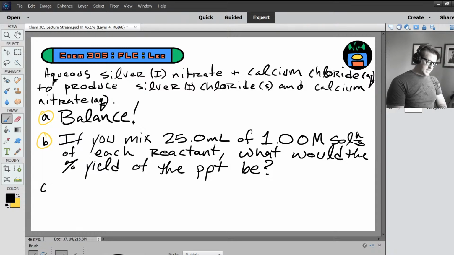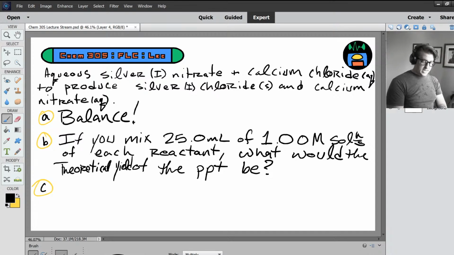Sorry, here I wrote percent yield. I meant to write theoretical yield. Theoretical yield.